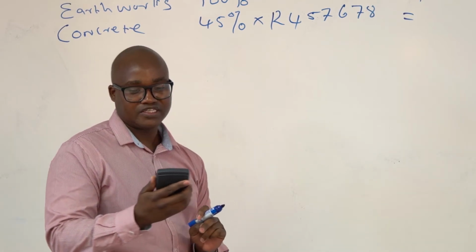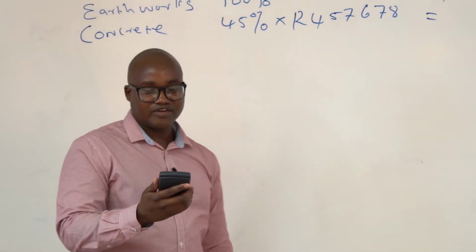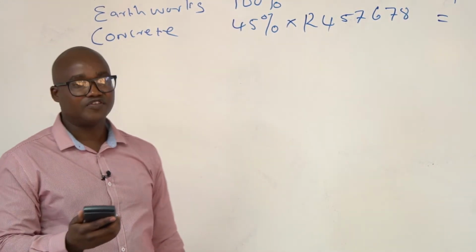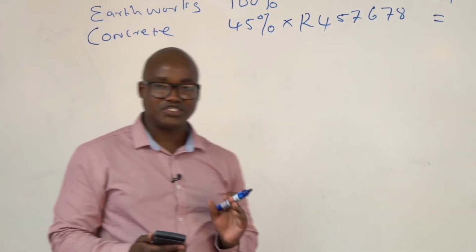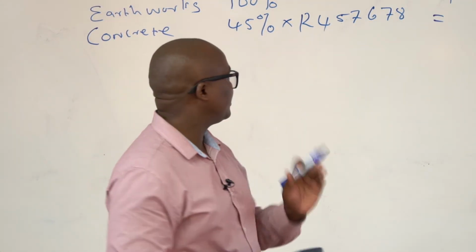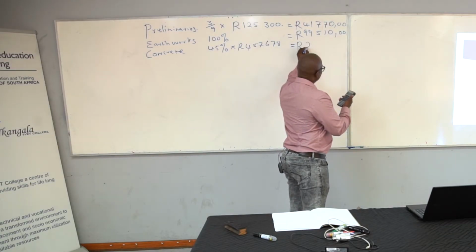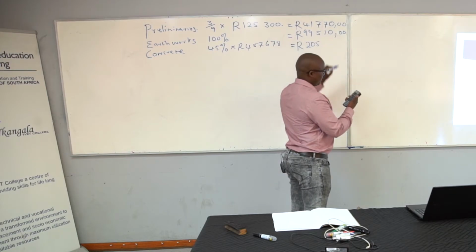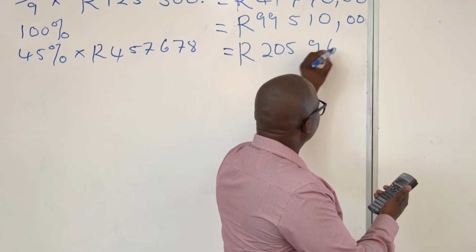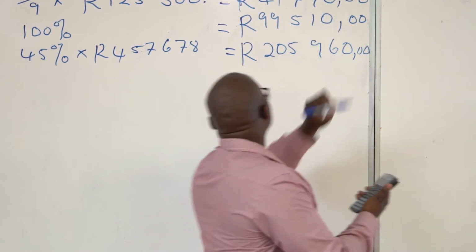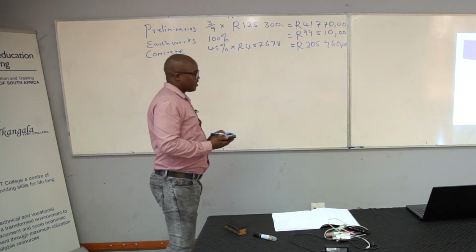And it gives us the total amount of 205,955.1. Remember, we must always round it to the nearest 10 rand, which will be 205,960 rand. That is the amount that we have.